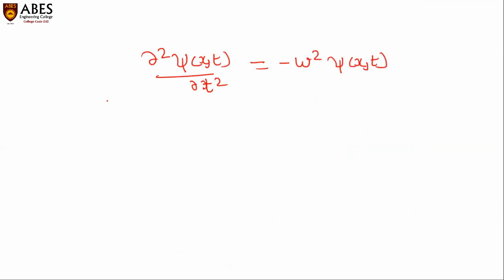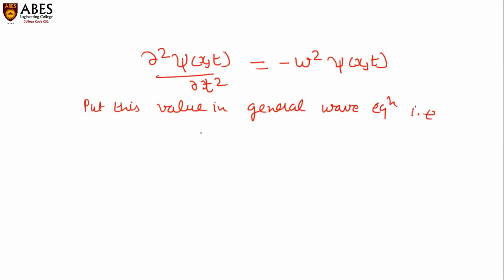Put this value in the general wave equation for matter waves. That is, del square psi(x,t) over del x square, we get minus omega square over v square psi(x,t).